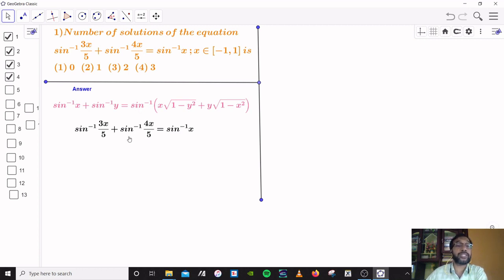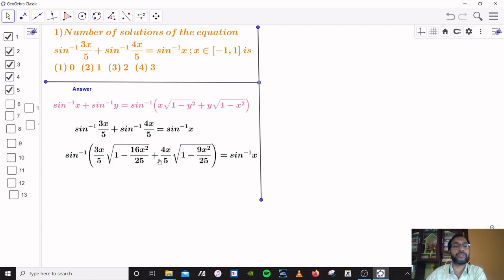Applying the above result on the left side of the given equation, we get sin inverse of the first term 3x by 5 into root of 1 minus square of the second term, that is 16x square by 25, plus the second term 4x by 5 into root of 1 minus square of the first term 3x by 5, that is 9x square by 25. That's equal to sin inverse x, that is the right side.